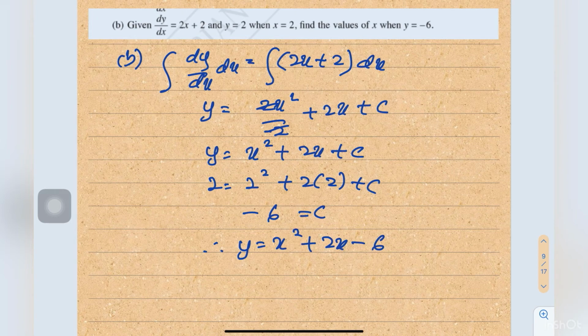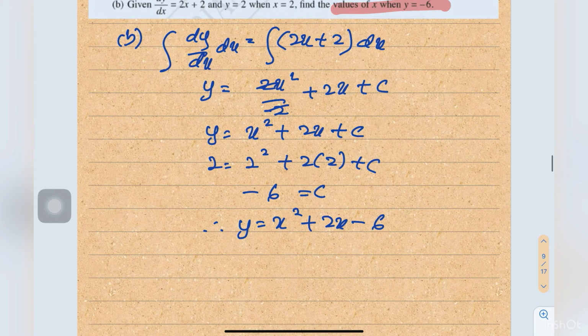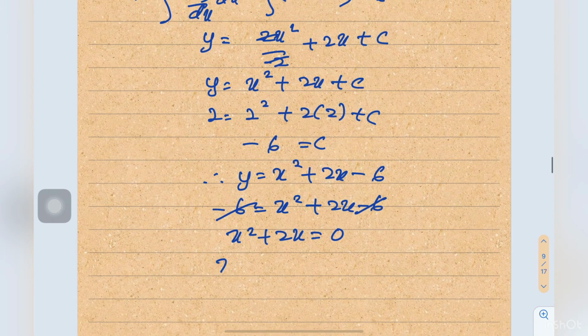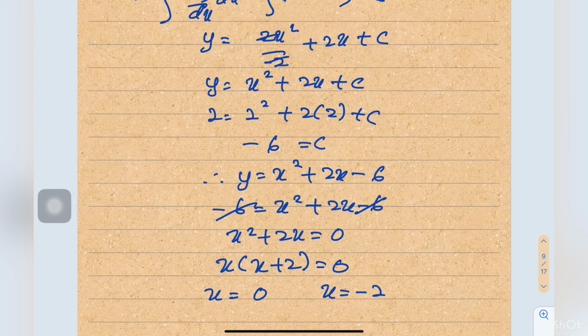In this situation, you need to find the values of x when y equals negative 6. So we substitute: negative 6 equals x squared plus 2x minus 6. So x squared plus 2x equals 0. This is a quadratic, so you just factorize. Then we get x equals 0 and x equals negative 2.